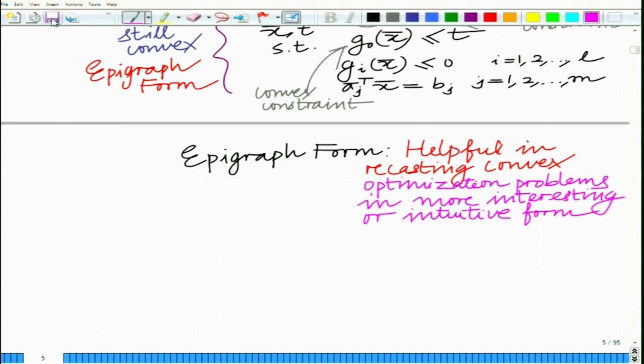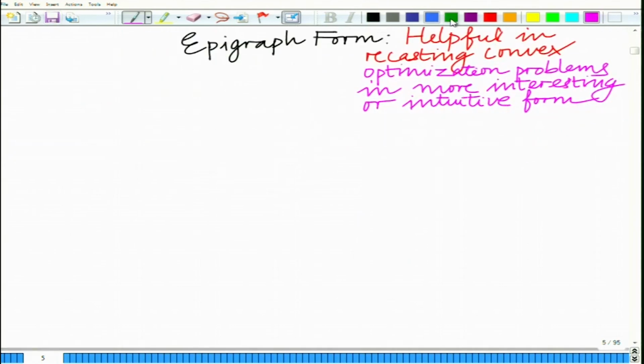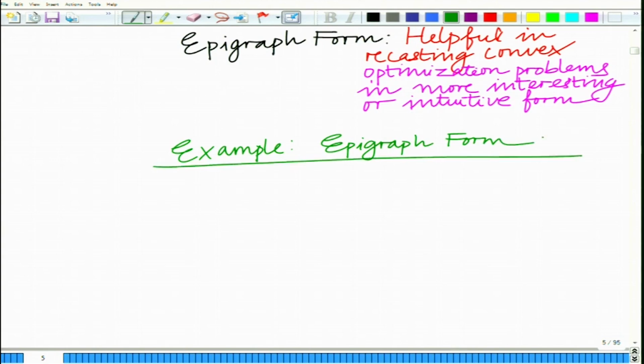And let us look at a simple example to understand this better. To understand this better, let us look at a simple example for this epigraph form.